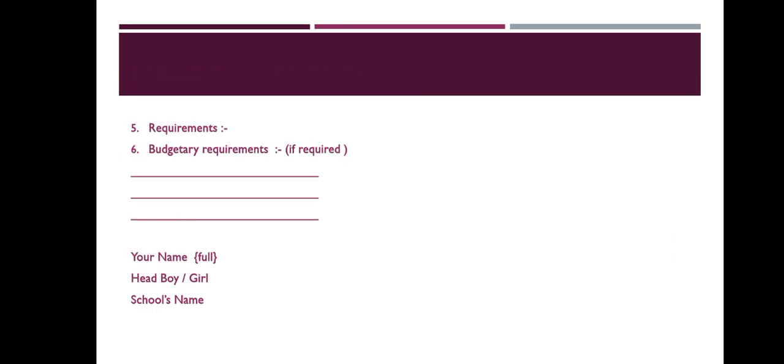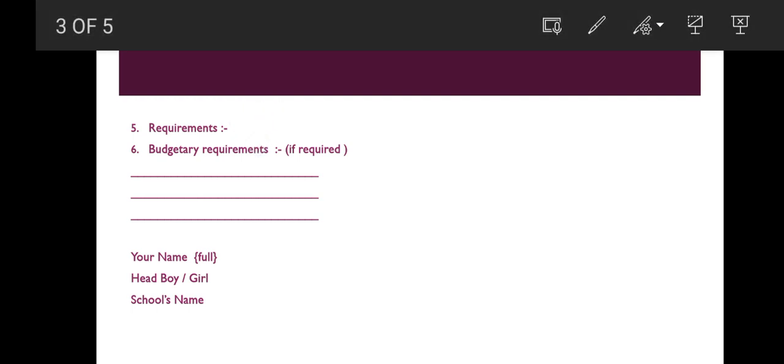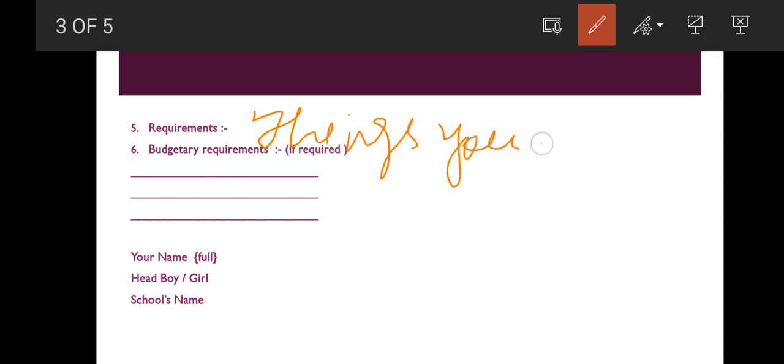Next comes the requirements. Requirements refers to the stuff you need to fulfill this competition. Things you need will come in requirements. Like for the drawing competition, you need paper, colors, pencil, eraser, sharpener, sheet.